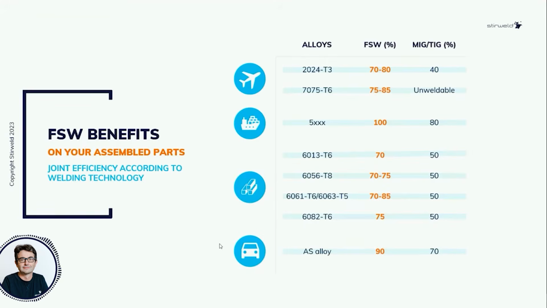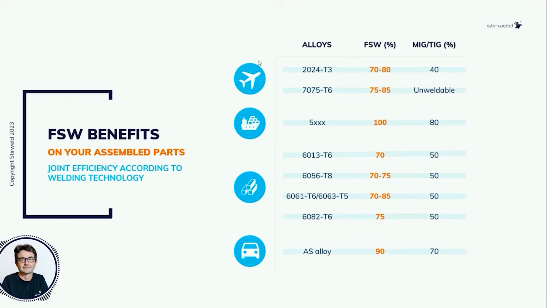Okay, so now let's look at the mechanical strength. Here we present the different joint efficiencies as a function of aluminum alloys, friction stir welding versus arc welding. Here it's MIG or TIG welding, but it can also be laser welding.